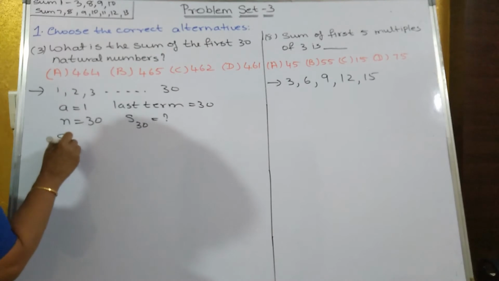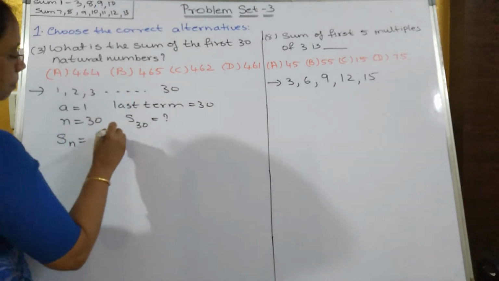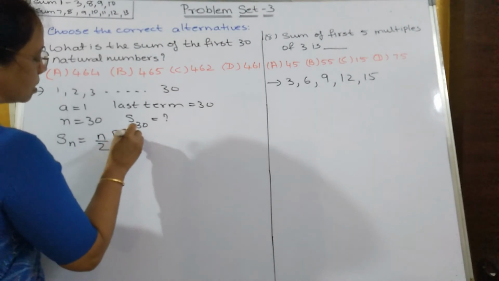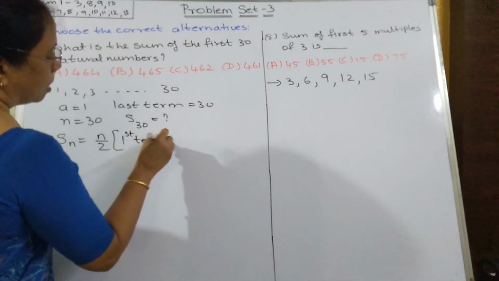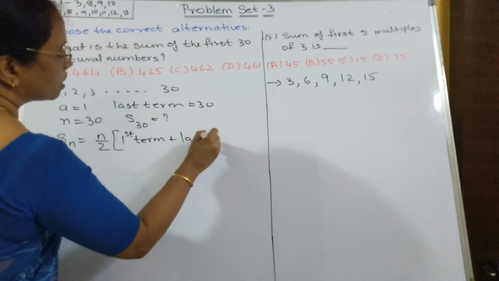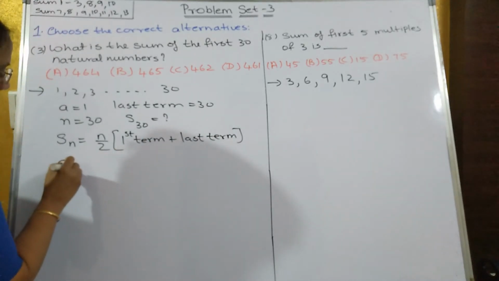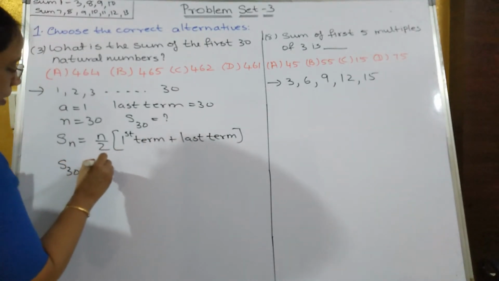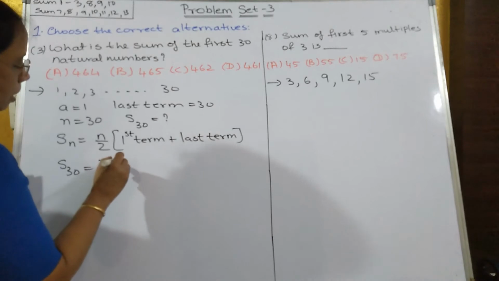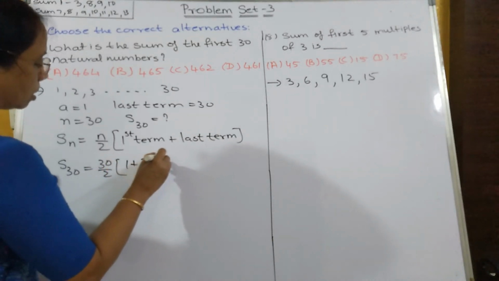Now here we know the first and the last term, so we will use that formula, n upon 2 first term plus last term. You can use the other formula also, but this will be more convenient if you know the first and the last term. So S30 is equal to 30 upon 2 into first term is what? 1 and the last term is what? 30.